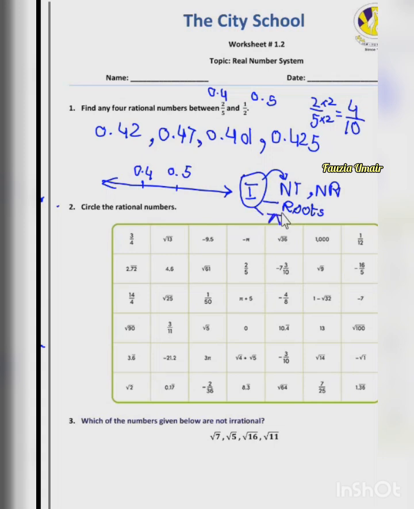Pi is non-terminating, non-recurring, so we need to remember that pi is not a rational number. Keeping these three categories in mind, now let's solve. So 3 by 4, what do you think? What is the decimal value of 3 by 4?